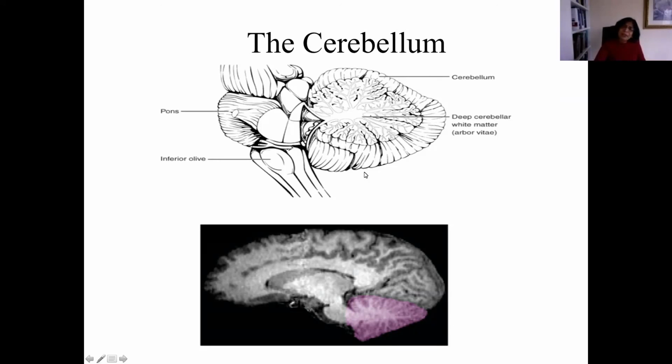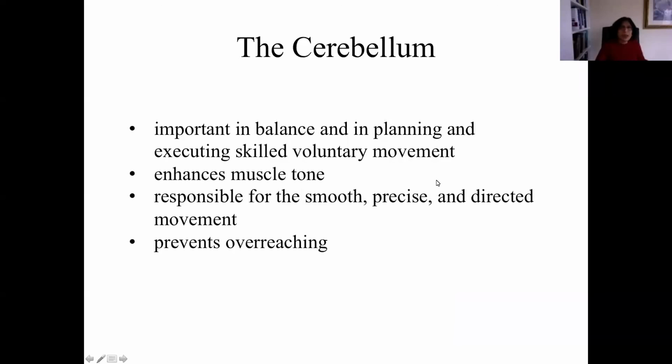Now let's get to the function. We basically want to say that it's important in balance and muscle tone is regulated, okay? A fine-tuning of movements, planning and executing skilled voluntary movement. So the rough movement is initiated by the primary motor cortex, and that is all made more elegant, more sophisticated by the role of the cerebellum.